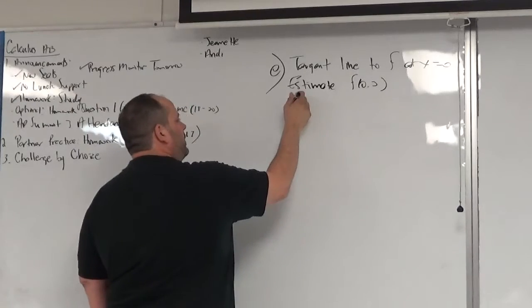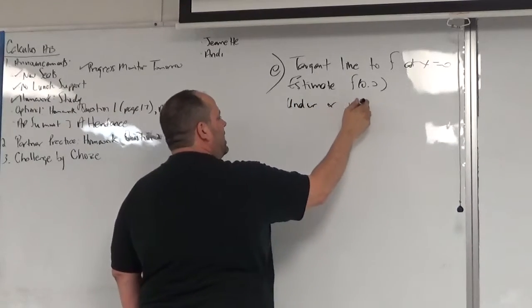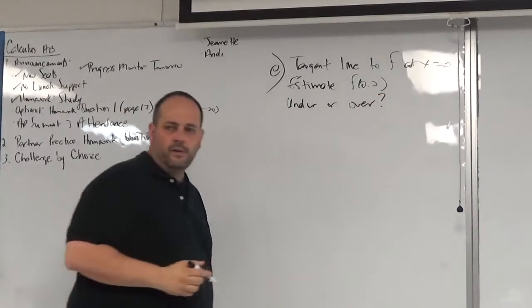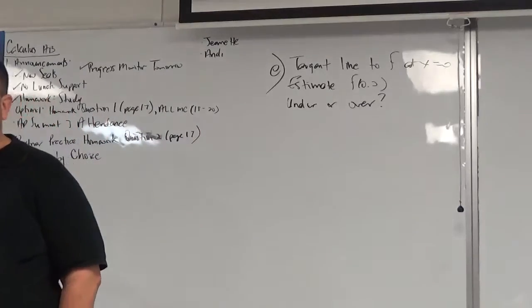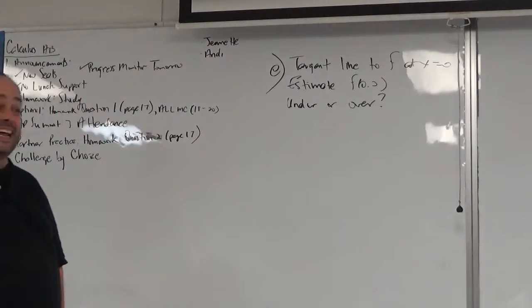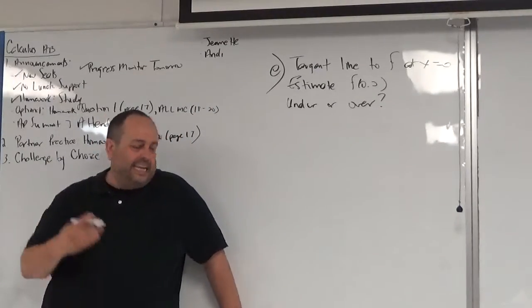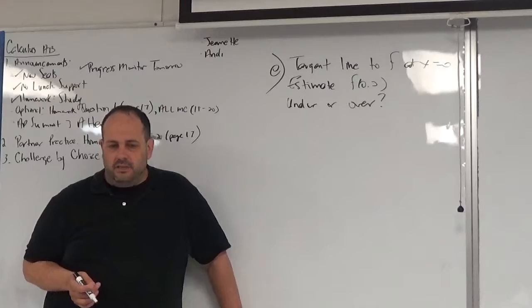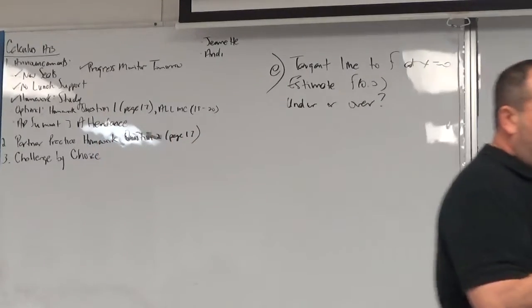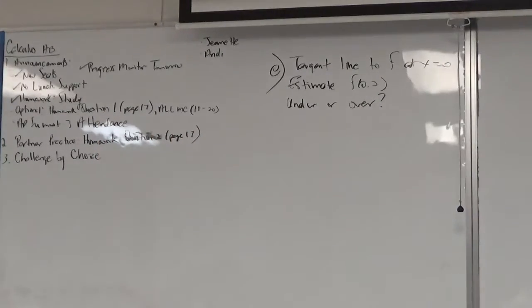Estimate f of 0.3. Under or over? For the folks that are up front, I hope you're like, man, we've done this a lot, and this is the one you're just gonna nail. So take a couple of seconds, see what you can do. And we'll talk about this.